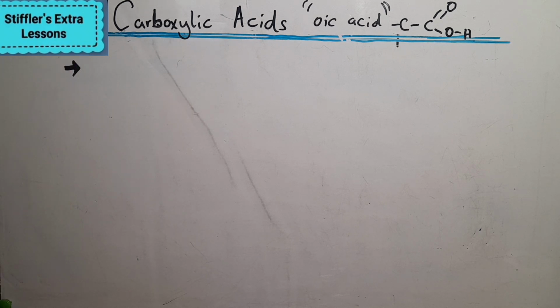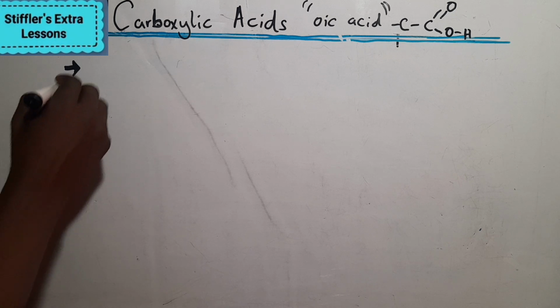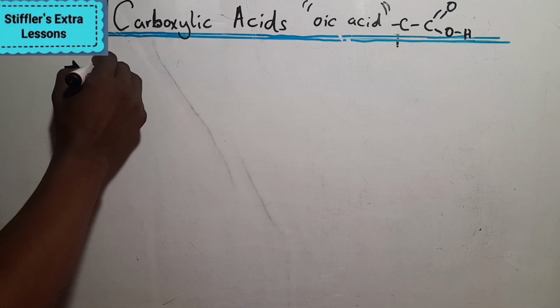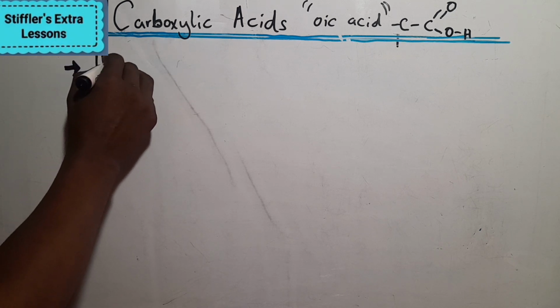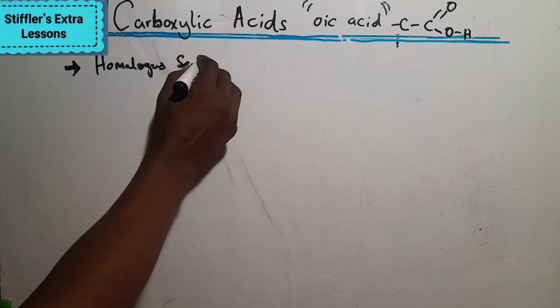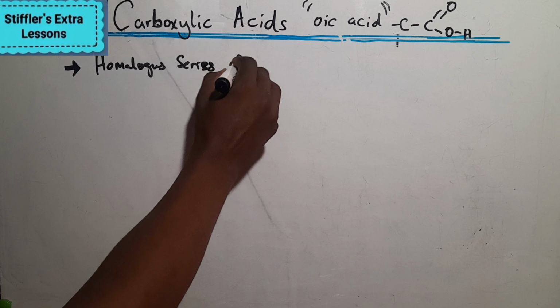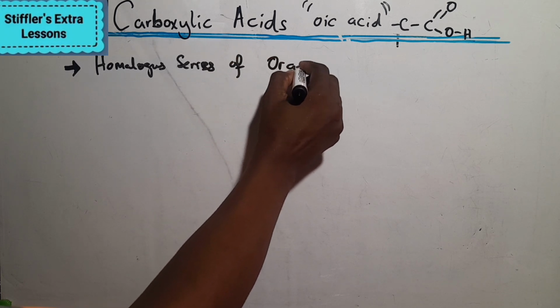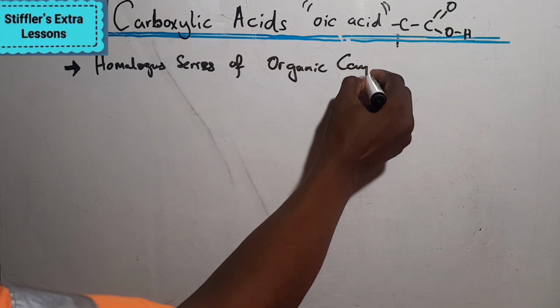So what are carboxylic acids? This is a homologous series of organic compounds, right?